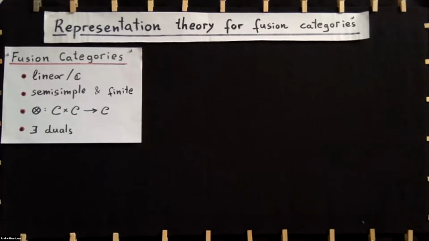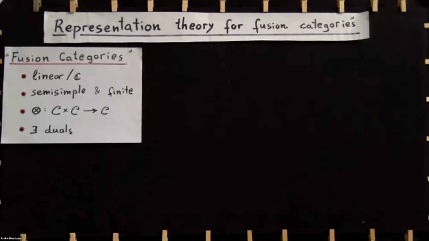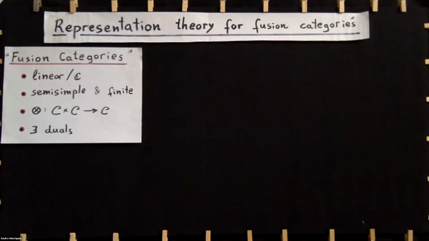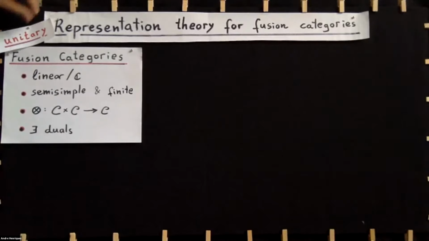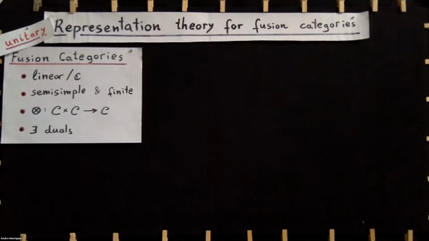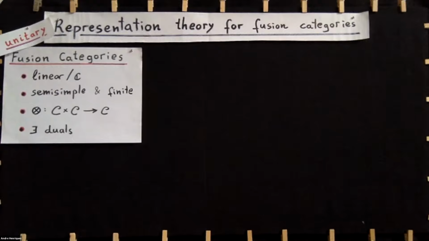I will be caring specifically about unitary fusion categories, because these are the ones that are going to be relevant for the theory that I'm going to talk about today. And being unitary is extra structure on a fusion category. The extra structure that we have is an involution.